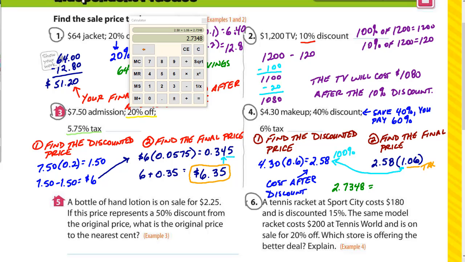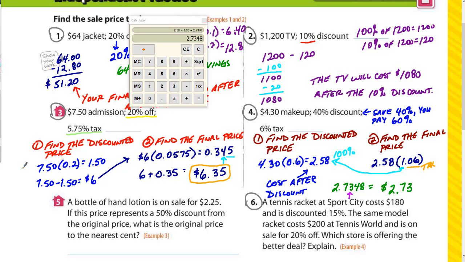And when I calculate that for money, knowing that I can only go out to the hundredths place, this 4 thousandths is not more than halfway there. So my final cost for the makeup would be $2.73.